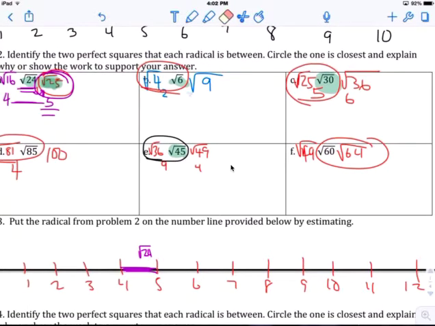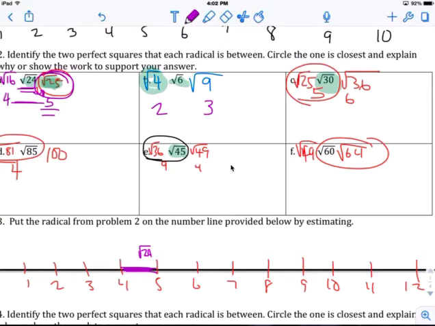Okay, the square root of 4 is 2. Square root of 9 is 3.